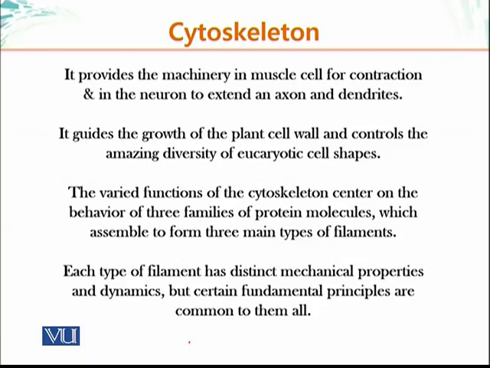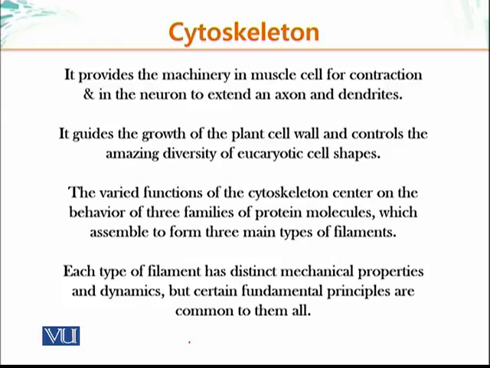The cytoskeleton also provides the machinery for muscle cells to contract, and in neurons to extend axons and dendrites. It guides the growth of plant cell wall and controls the amazing diversity of eukaryotic shapes.